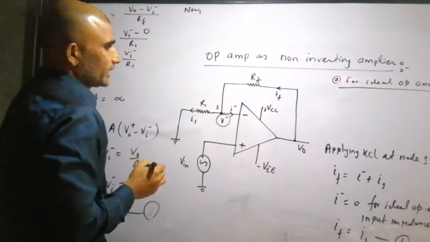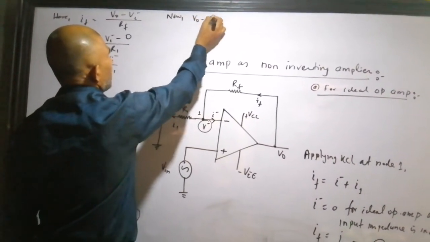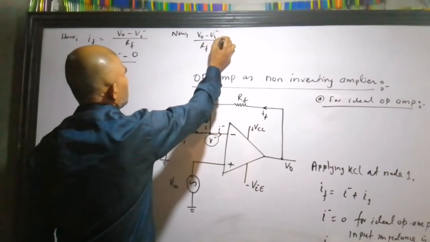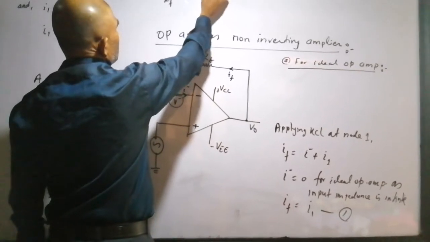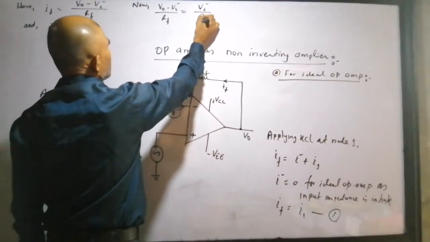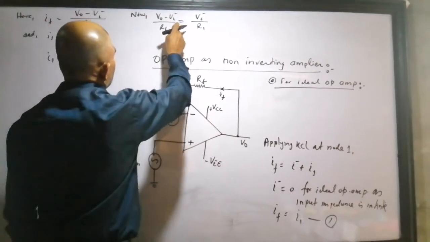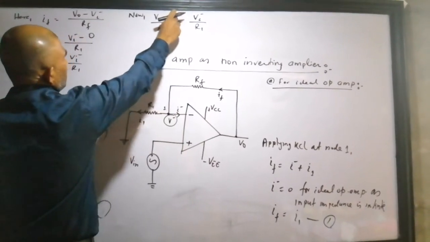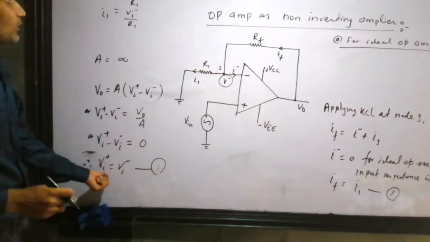Now we get IF equals Vout minus Vi minus upon RF, equals I1, equals Vi minus upon R1. And now I have to put Vi minus equal to Vi plus, which is the input voltage.